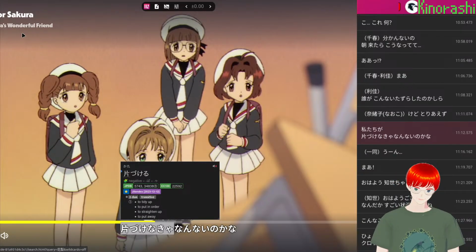Why does that mean... let's see which kata that is. That kanji is used in fragments, counter for fragment, scraps, incomplete, imperfect, one of a pair, off-center, prefix, side, problem.